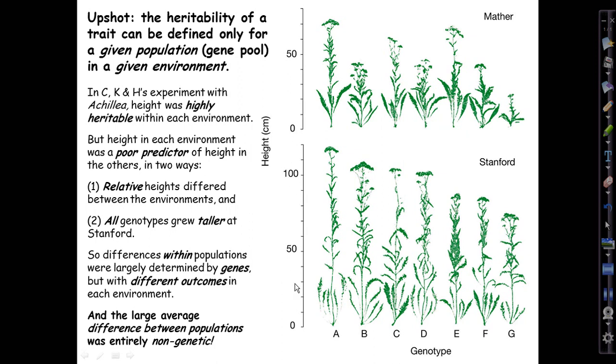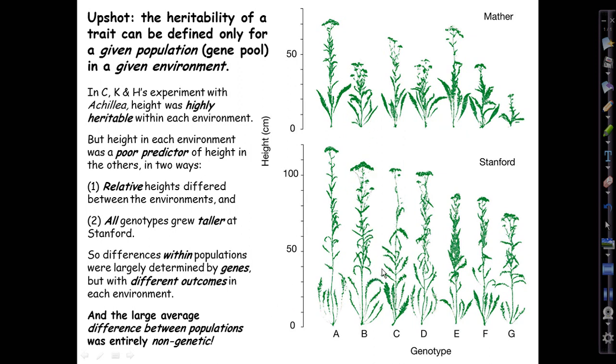entirely a result of the environment. The fact that the variation was substantially and unambiguously heritable within each environment and population was not evidence that the difference between the populations and environments must also be a result of differences in genes.